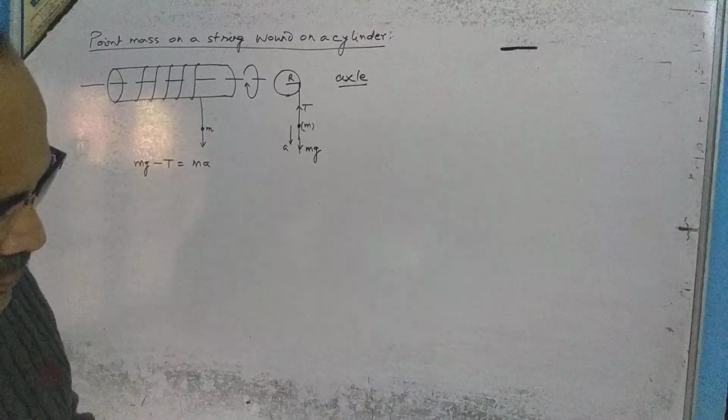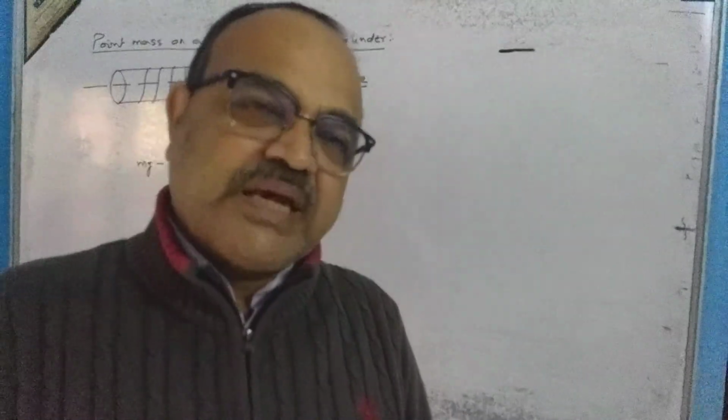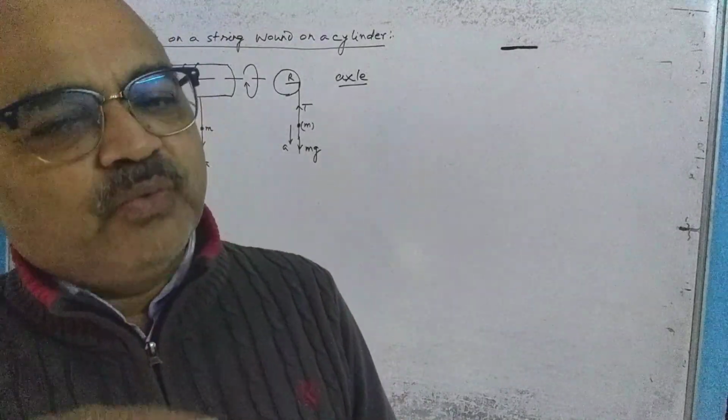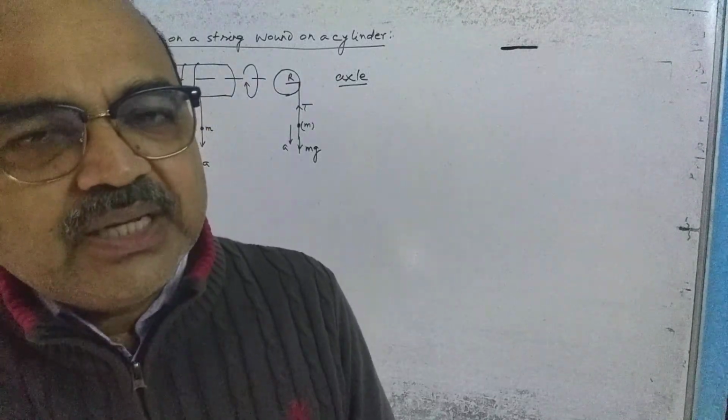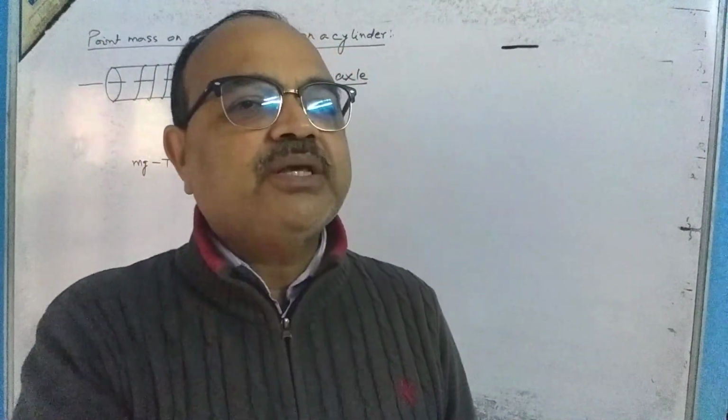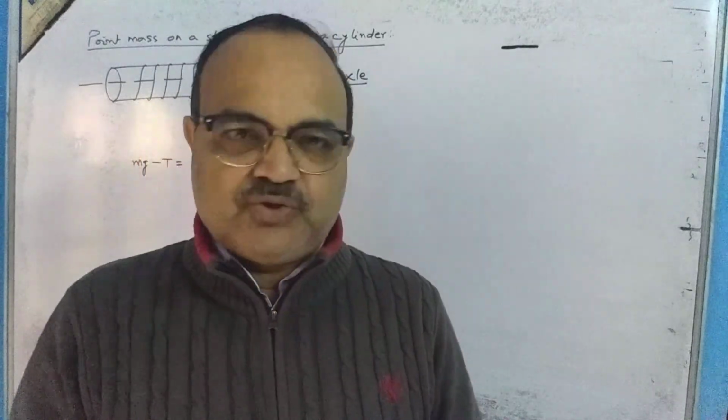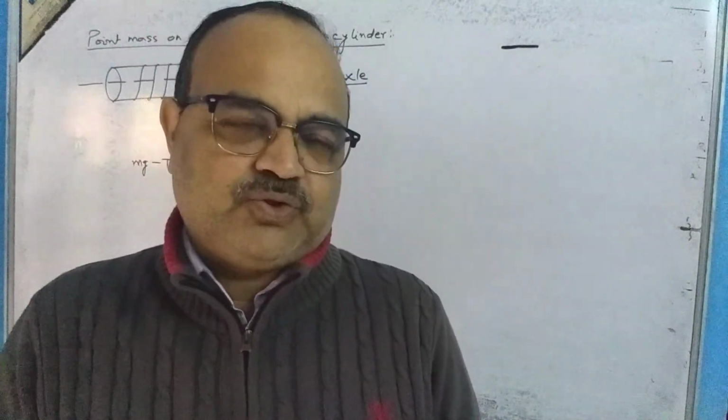Now, if you remember my previous class, I told you that whenever there is a rotational motion, there will be a torque, and torque is always due to the tangential force, not due to the radial force.